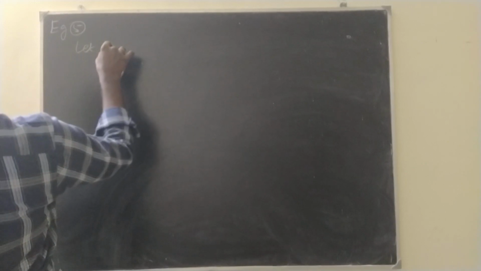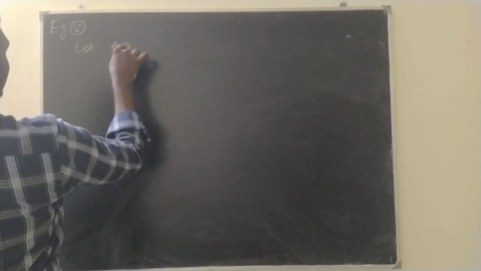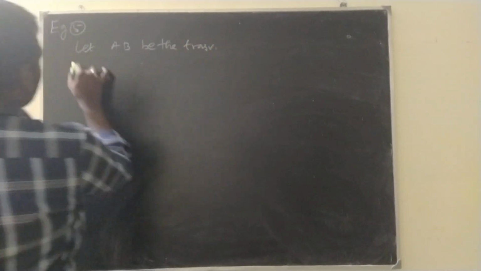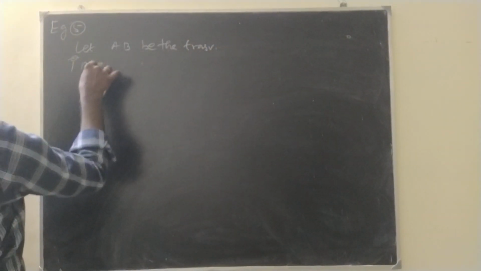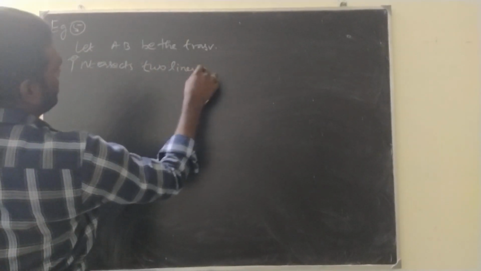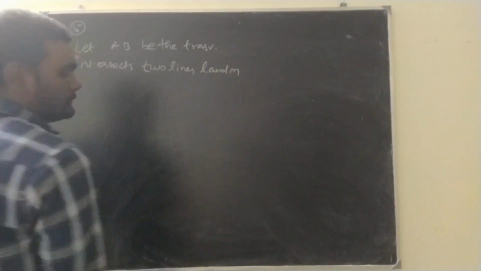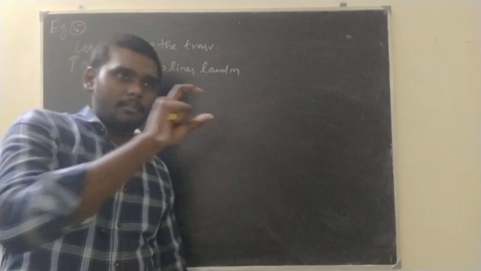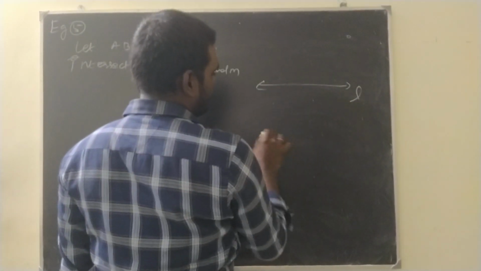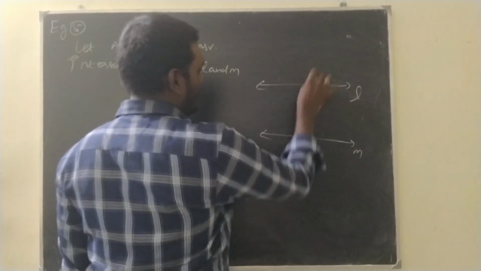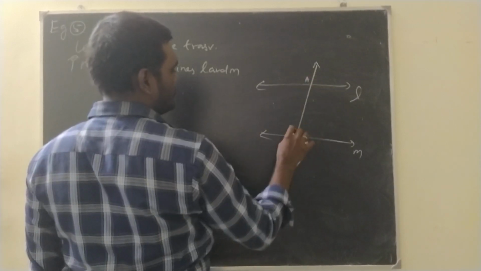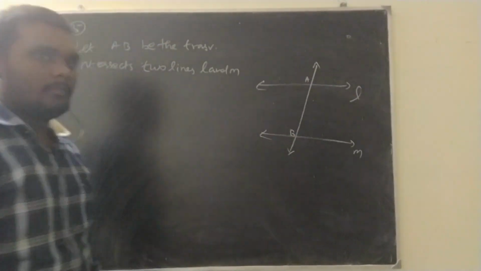Let AB be the transversal that intersects two lines L and M. Because in the question only the text is there, we have to draw the diagram. So L is there, M is there, and this AB intersects these two.